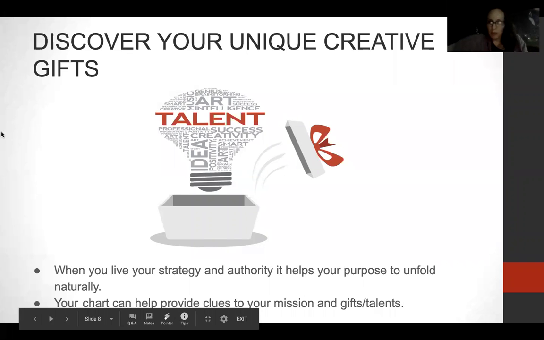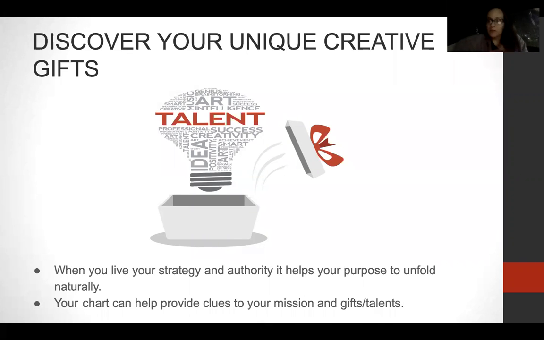As you have probably seen, all of the charts are incredibly different, and it makes tangible how different people are. We can discover your unique and creative gifts by looking at human design. When you live in your strategy and your authority, it helps your purpose to unfold naturally.